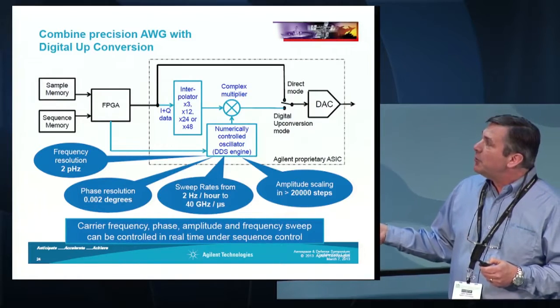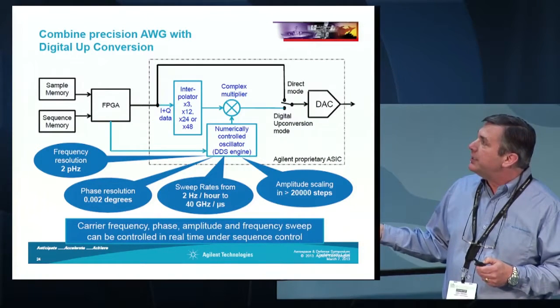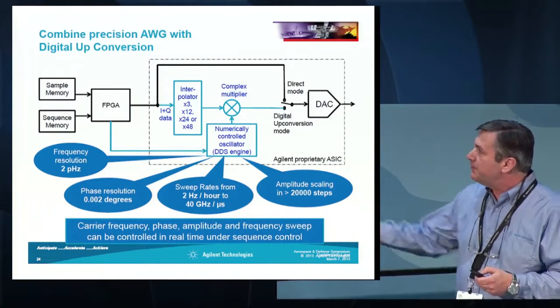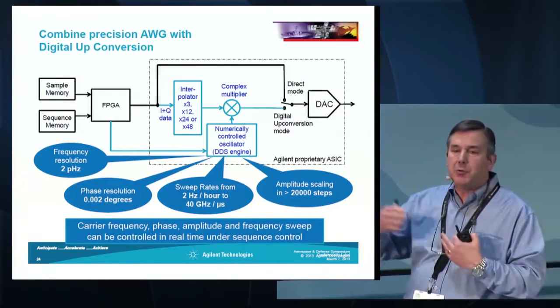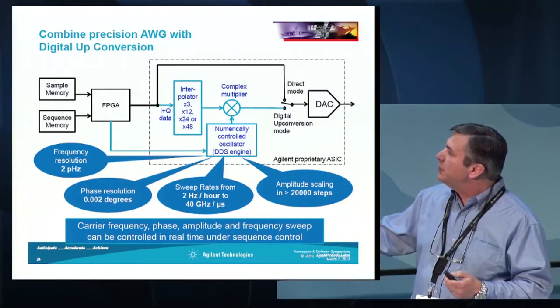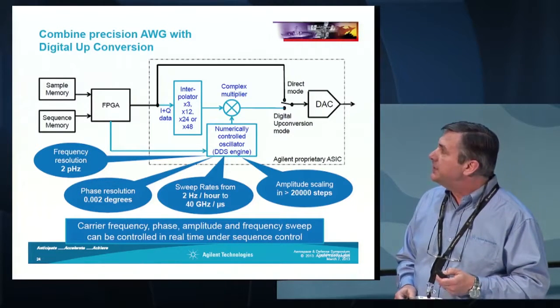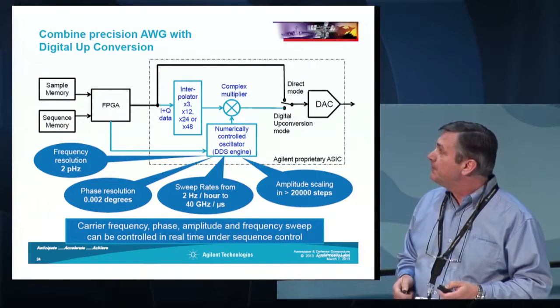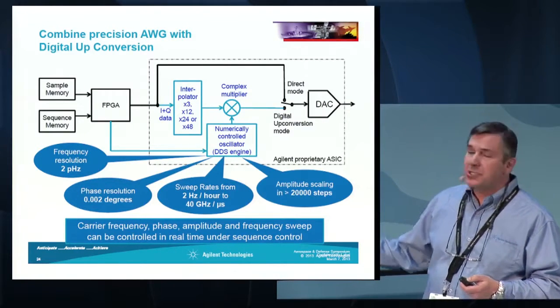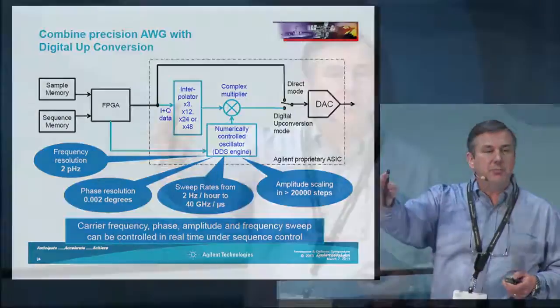We can lower the sample rate of the I and Q data and upconvert, or interpolate the sample rate up, in order to get the full IQ modulation bandwidth. We also have a DDS engine, which I invite you to come over to the booth and talk to me about, which gives you a lot of flexibility in creating different scenarios within your waveform on top of your IQ modulation file.